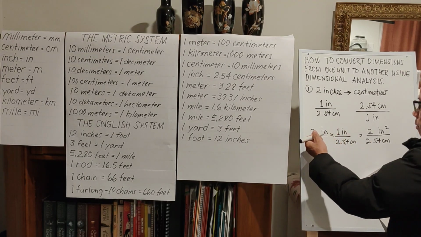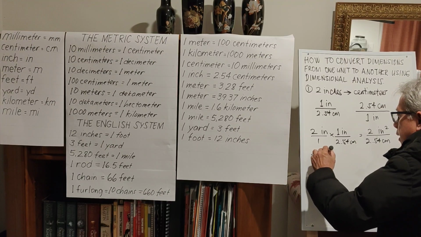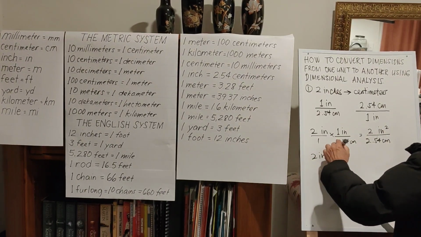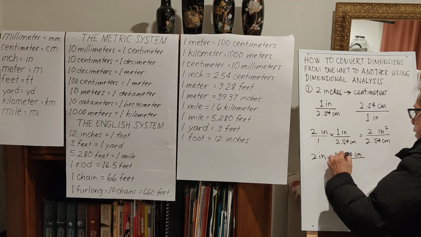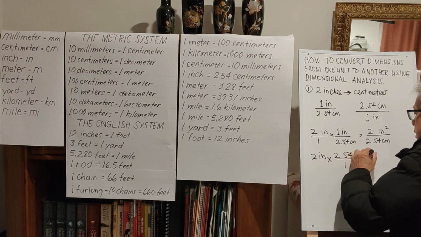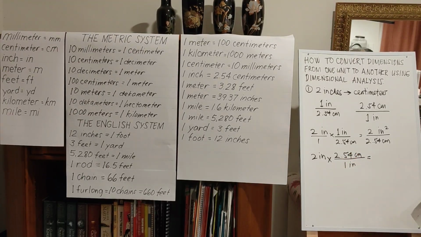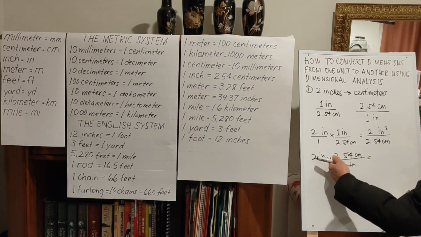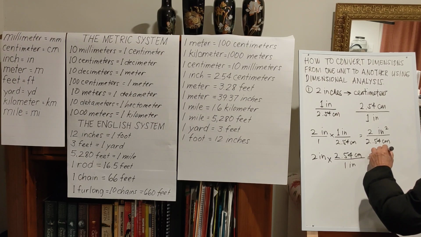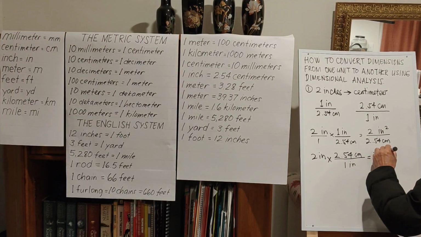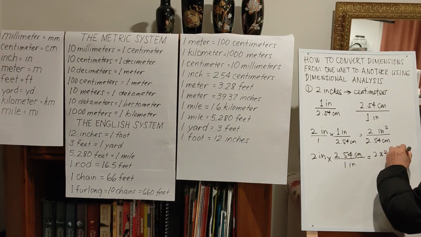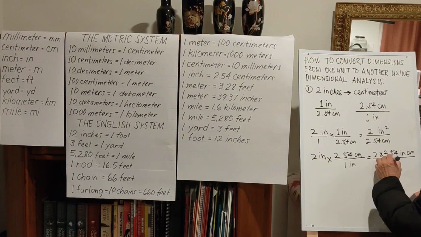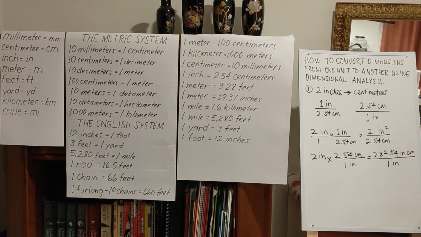But if you multiply 2 inches by the other one, 2.54 centimeters divided by 1 inch, it will become 2 times 2.54 inch centimeter over 1 inch.